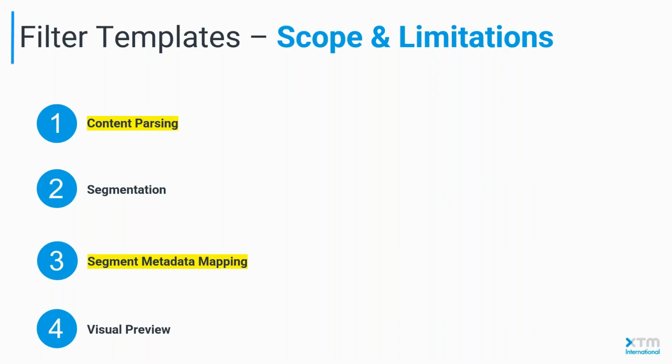In terms of segmentation, segmentation rules use the standard SRX rules to define specific segmentations or stop words. If you have an SRX rule that you want to import, or you are coming from a different TMS and will start using XTM, and your previous TMS allows you to download the SRX rules used there, you can seamlessly import them in a filter template and start using them in XTM.